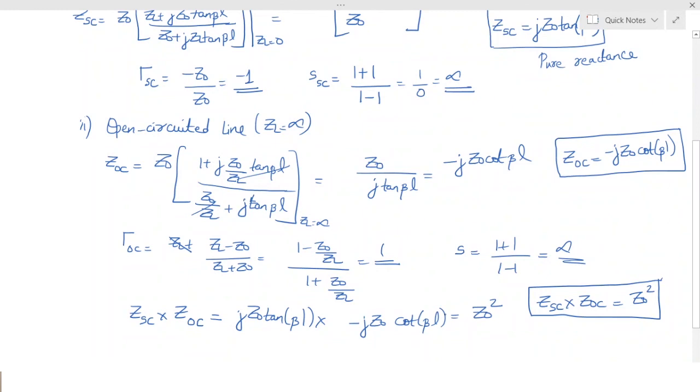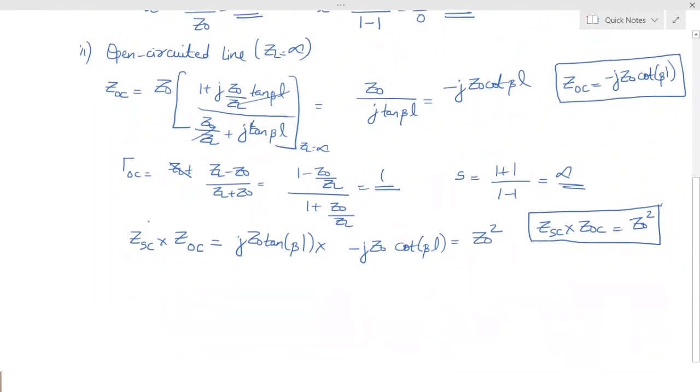Now we will discuss the last and the third case, that is matched line. Matched line is the particular case when ZL, the load impedance, is equal to characteristic impedance. ZL is equal to Z naught. What will happen?